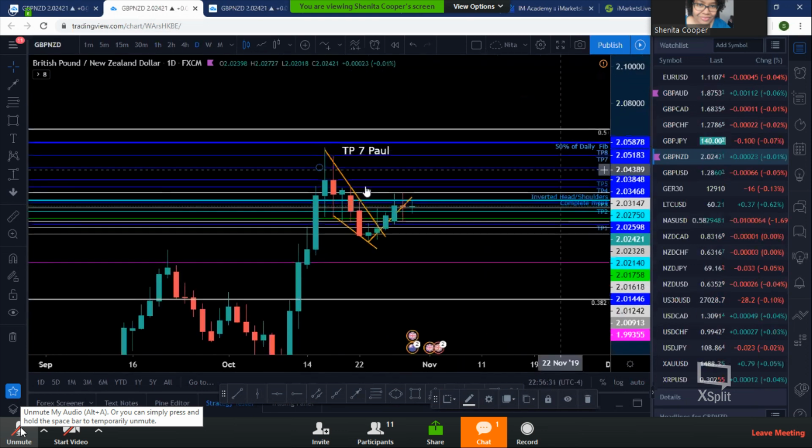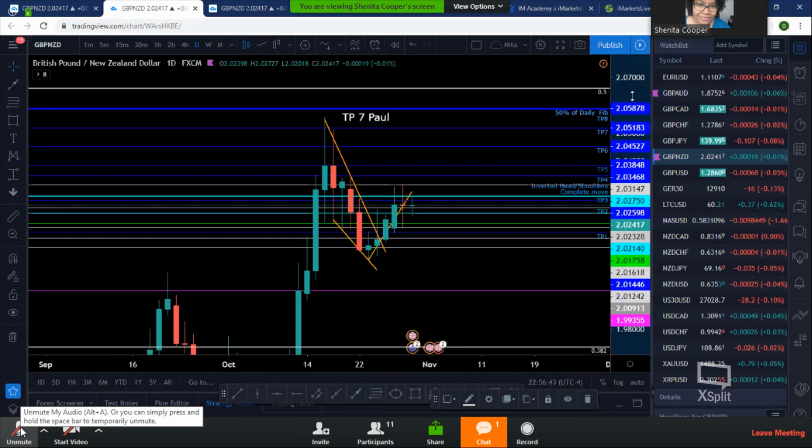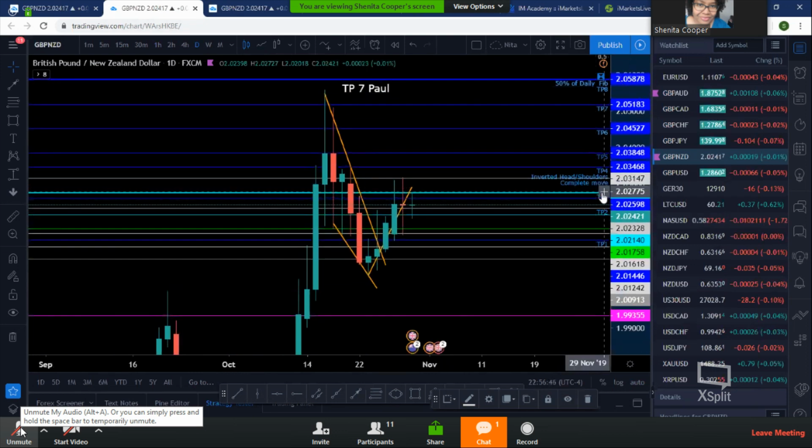Where are we when it retraced? This is my measured move of my inverted head and shoulders. So that's why that was my target for my head and shoulders. So I'll show you how to measure them next week or Friday.